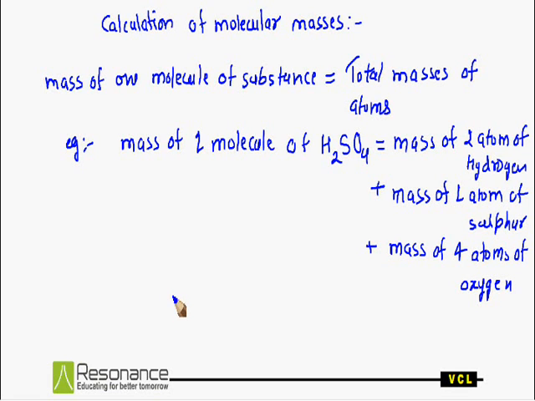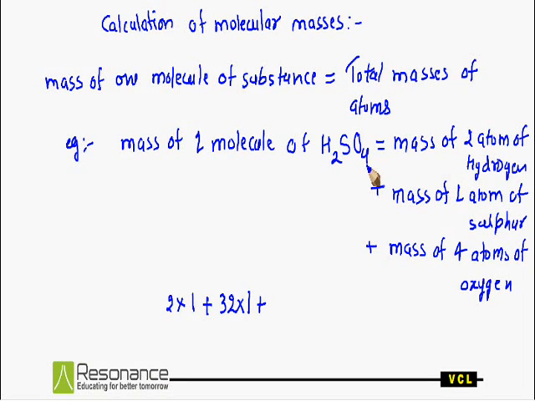As we know, the mass of 1 atom of hydrogen is 1, so the mass of 2 atoms of hydrogen is 2 into 1, plus the mass of 1 atom of sulfur is 32, and here 1 atom of sulfur is present in the H2SO4 molecule, so we can write 32 into 1.